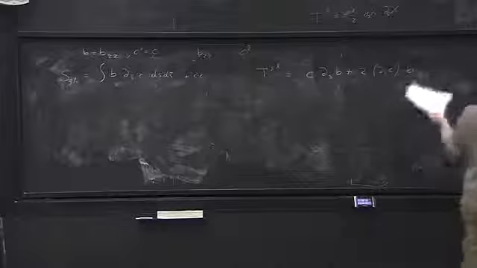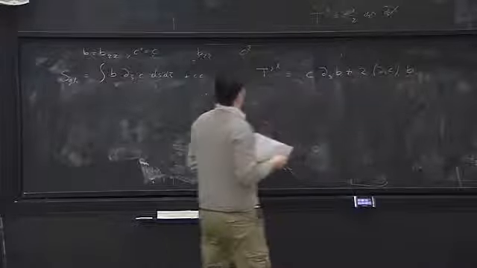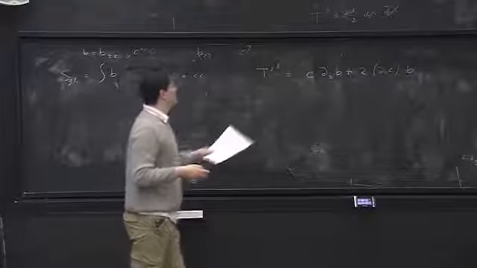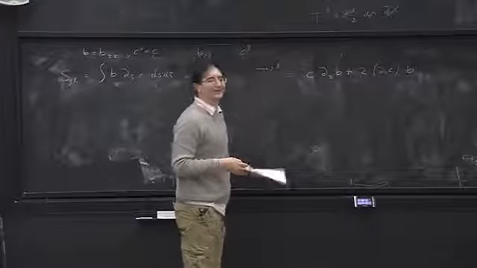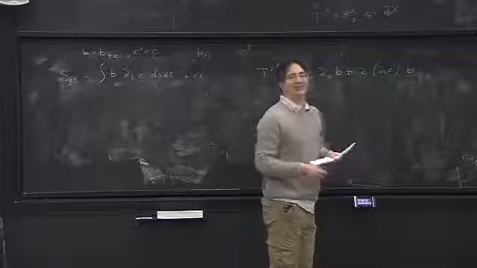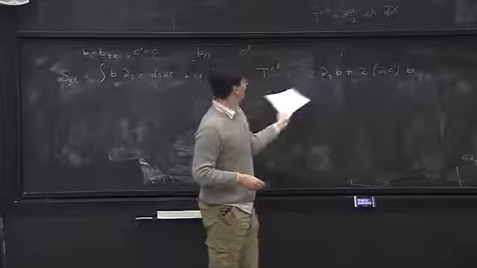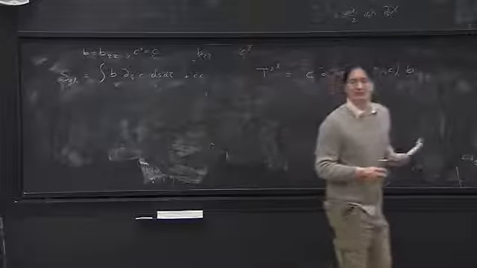So it's a quadratic expression in the ghosts. You see, C behaves more or less like a vector field. B is a two-component tensor, and T is a two-component tensor.